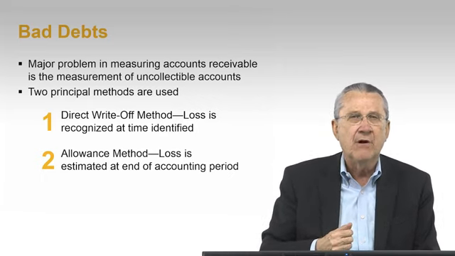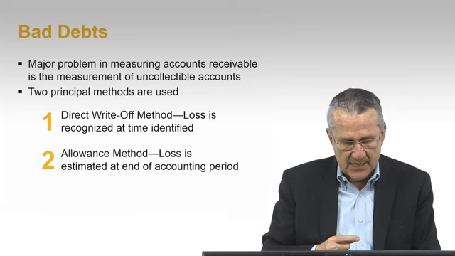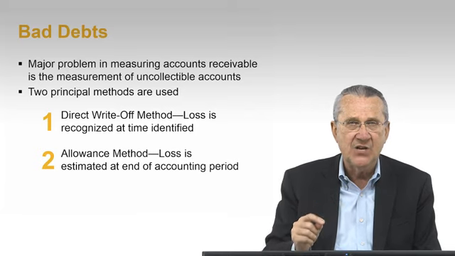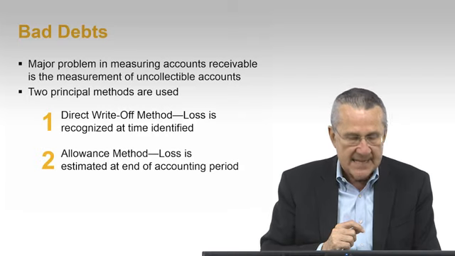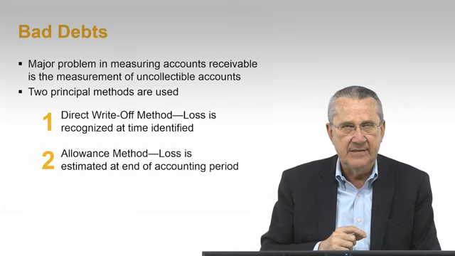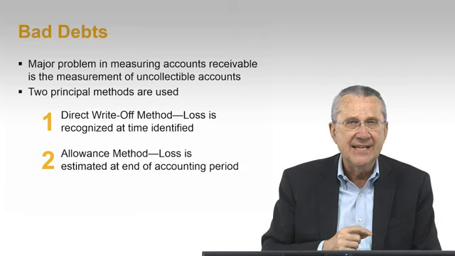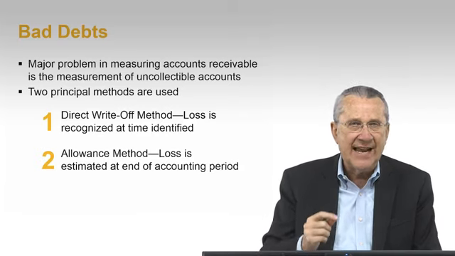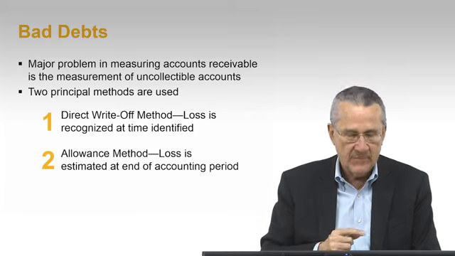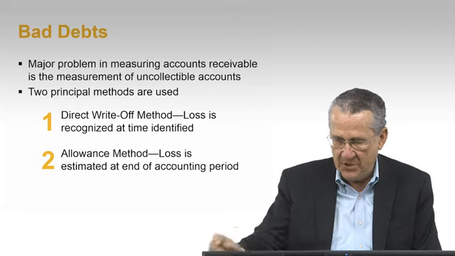The direct write-off method recognizes the loss associated with the uncollectible account at the time the account is identified as uncollectible. The second method we'll characterize as the allowance method. And the allowance method recognizes a loss at the end of each accounting period as an adjusting journal entry. So it's an estimation at the end of each accounting period.